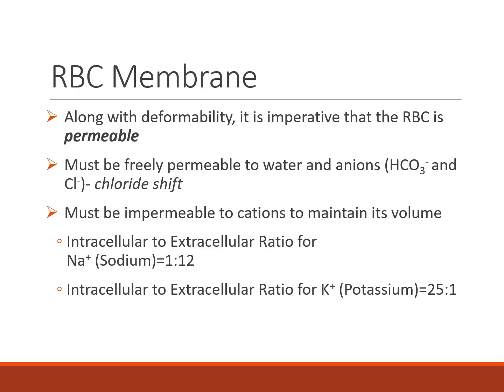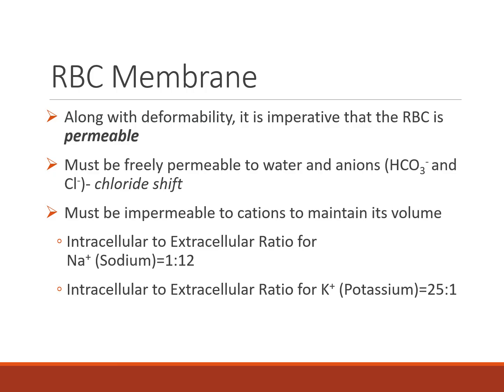We have a very, very narrow window of acceptable pH that is compatible with life. And if we don't have the free permeability to H2O and then anions such as bicarbonate and chloride, we are going to run into problems. It must also be impermeable to cations.